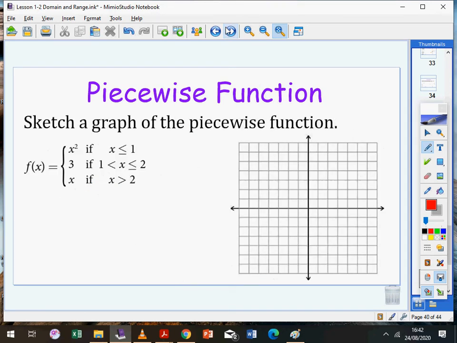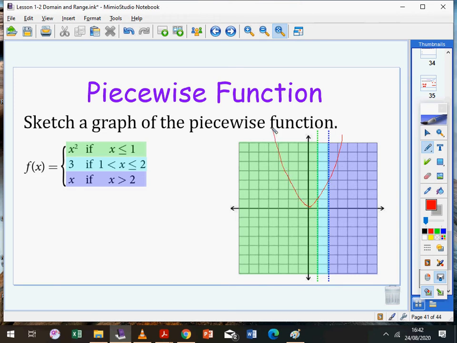So first of all, let me clarify that this is what the domains would look like. The green section of the graph will have its own graph. If I was drawing x squared on its own, it would look something like this. X squared, that's what it would look like.